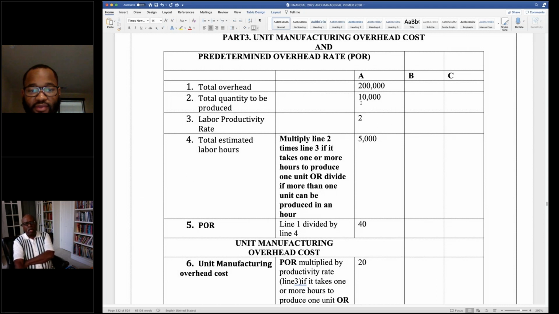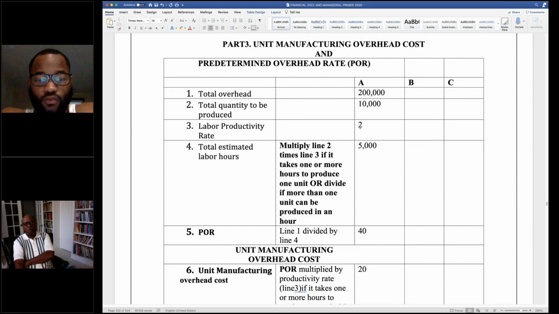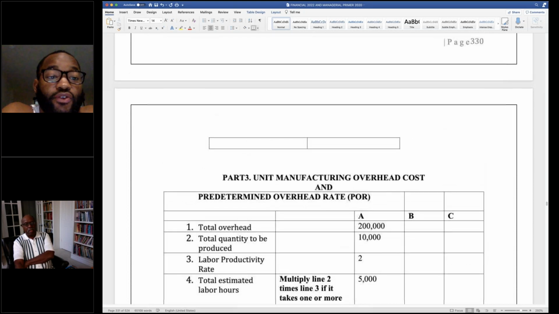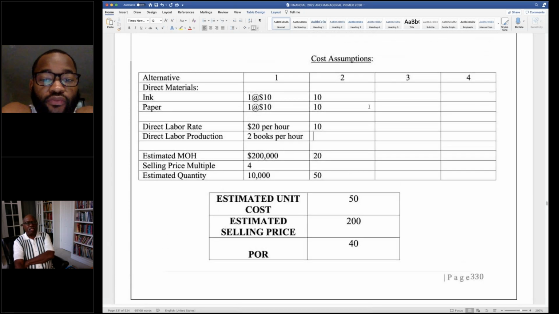In the last one, it took 2 hours to make the book, so you multiply. In this one, you're making 2 books per hour, so you divide. You've got to read it: is it 2 books per hour or 2 hours per book? You have to make that determination. But that part will be given. All of this is given. These are the assumptions.